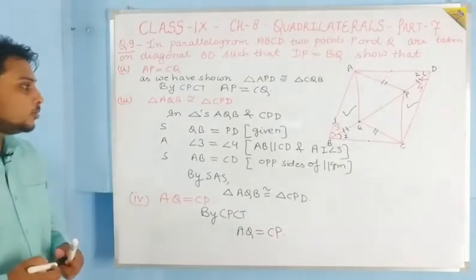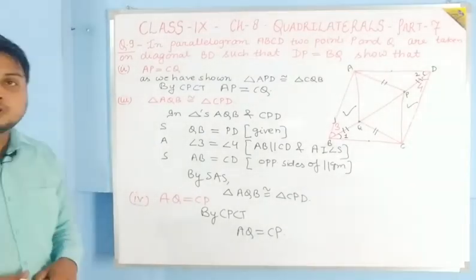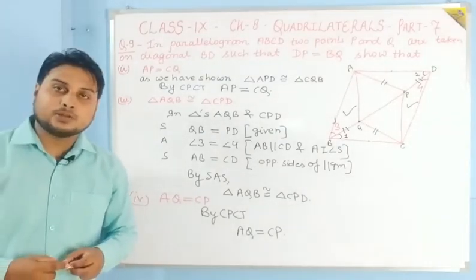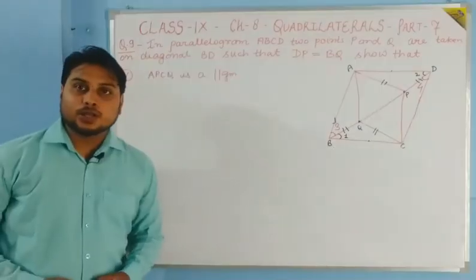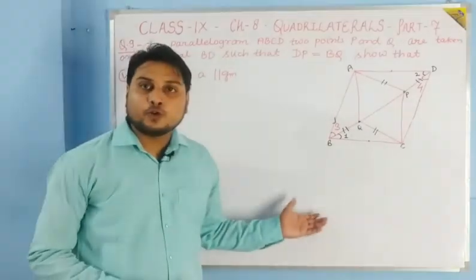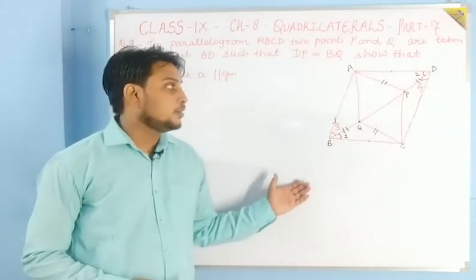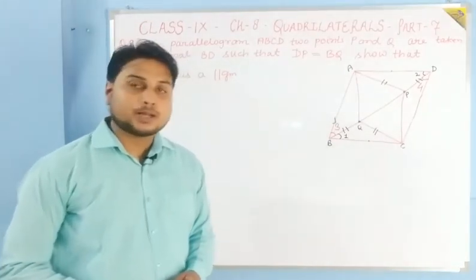Now students, note it down so that your 4 parts will be completed, and the last part I am going to tell you. Coming to the last part, we have proved the 4 parts, and the 5th part is we have to show that APCQ is a parallelogram.